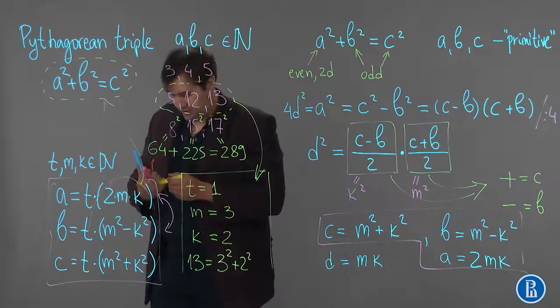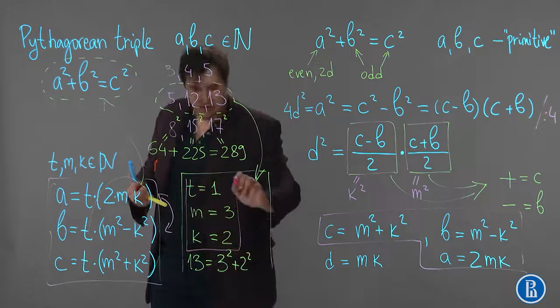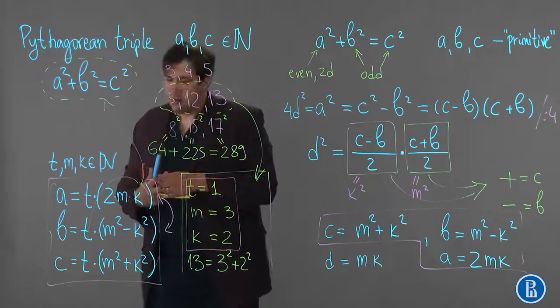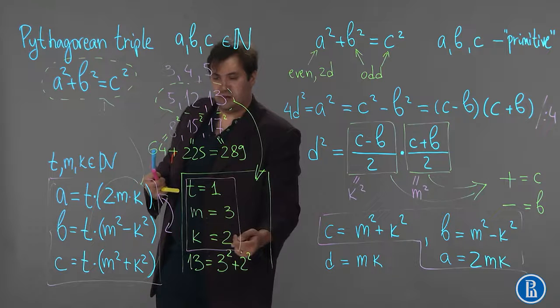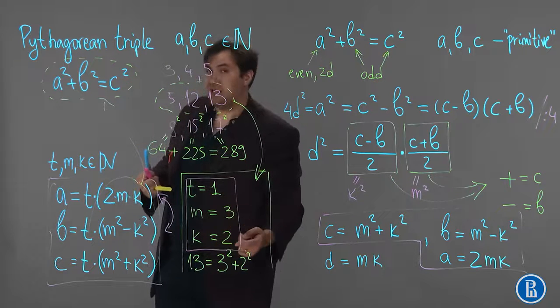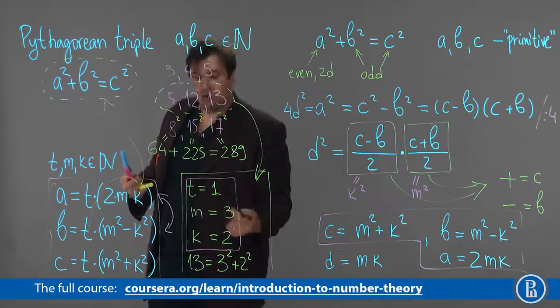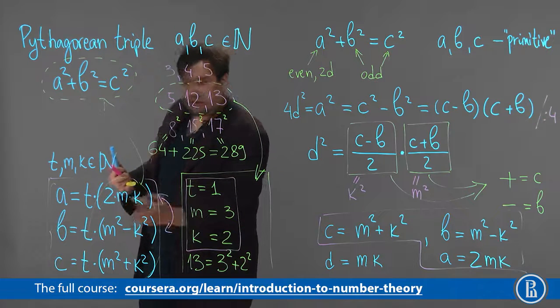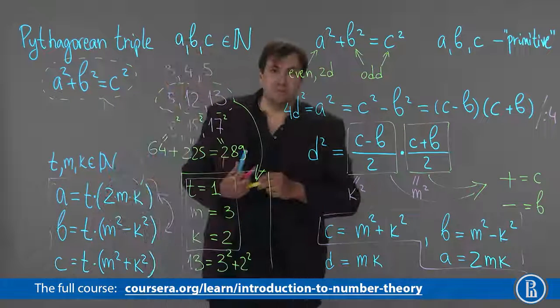Let's check such a set of values. Well, 3 square minus 2 square is exactly 5. 3 square plus 2 square is precisely 13. And finally, 2 times 3 times 2 is actually 12. So that's it.